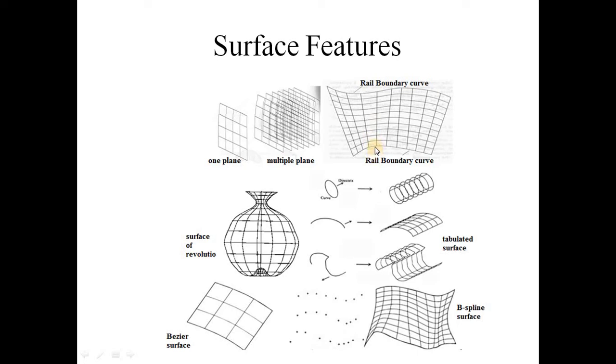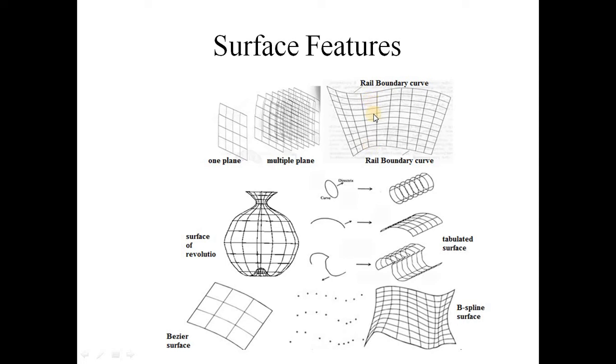So a ruled surface is nothing but the linear interpolation between the two curved edges. Here you can see all lines are straight lines, linear interpolation means they are straight lines. This is a straight line, this is a straight line, so all the lines are straight lines.